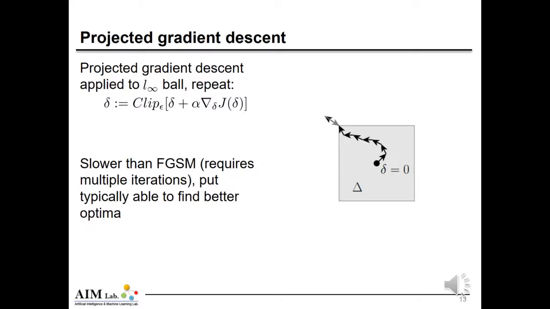In this method, you just take a small gradient step and iteratively update your delta within the region delta. This is called the projected gradient method, and it is much slower than FGSM, but typically able to find better optima.